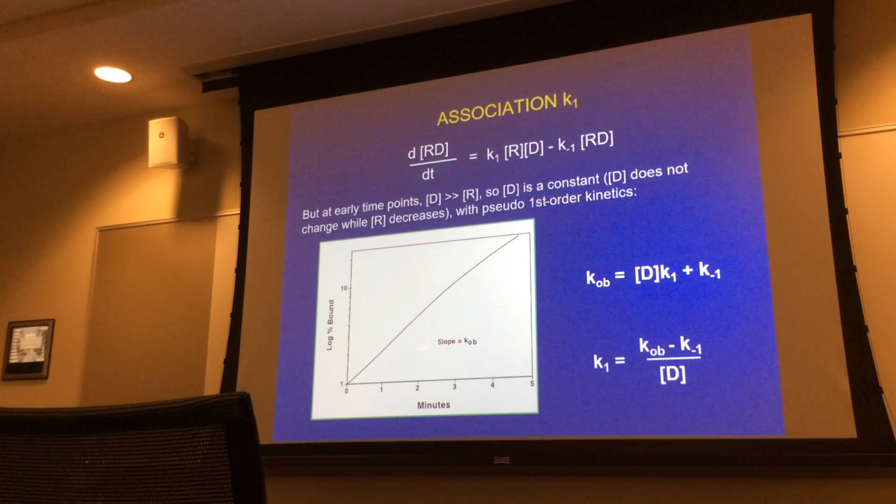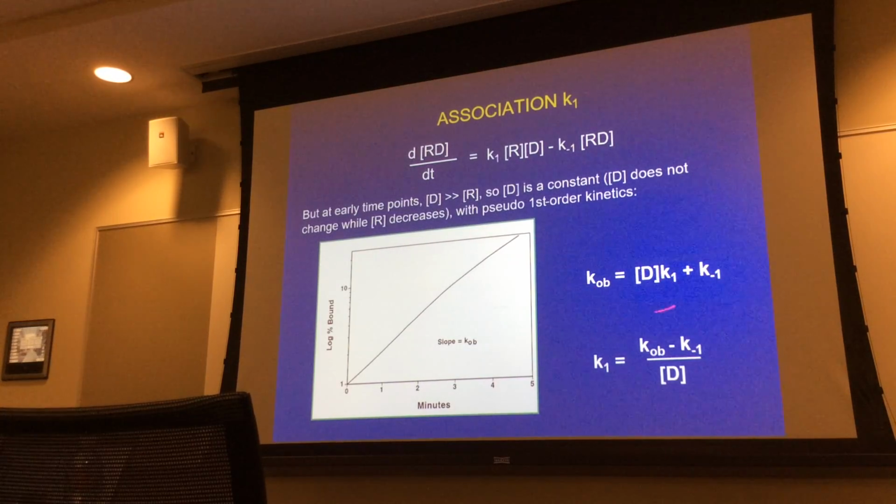So if you restrict your time points to these early time points, you can make a pseudo first order equation, and the slope of this is something called K observed. I'm not going to waste your time trying to derive this equation, but it turns out that K observed is a function of the drug concentration times K1 plus the dissociation rate, K minus 1.